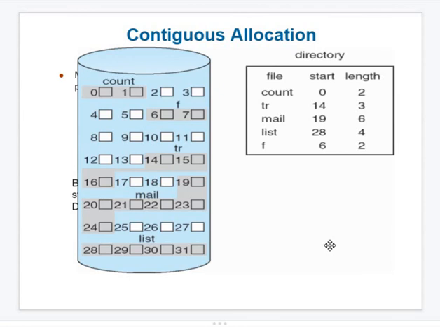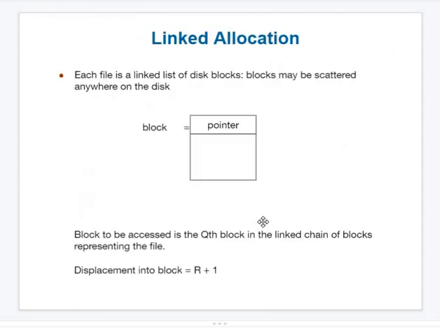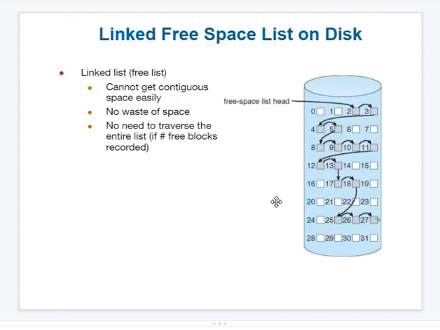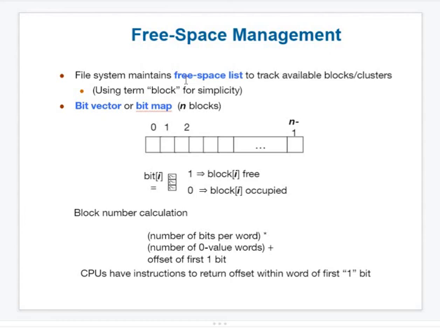Starting address 25, length 3: 25, 26, 27. Starting address 17, length 2: 17 and 18. These are free. So free space management means if a new request arrives, check whether it is possible to fit it in any of the free spaces already created. If possible, fit and allocate it; if not possible, extend and allocate. If extension is also not possible, then use linked or indexed. See, this is the approach.